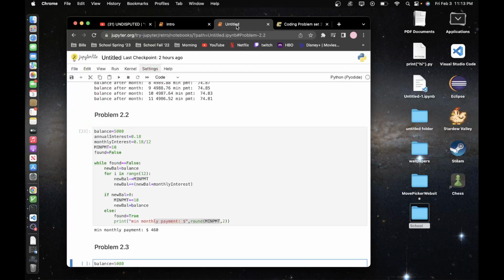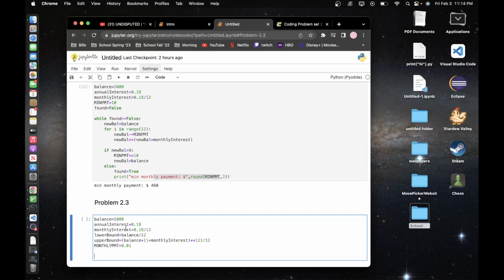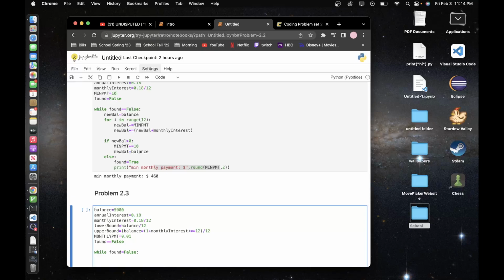So we want to use another while loop like in this one. So we want to add another Boolean expression here. Found equals false. Okay. While found equals false, running this while loop.